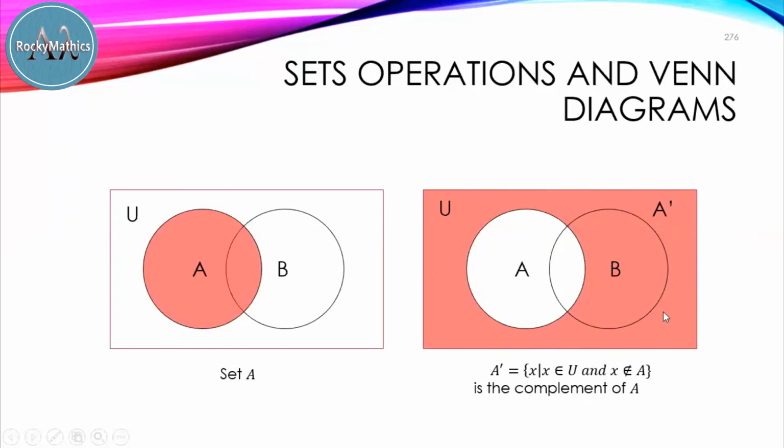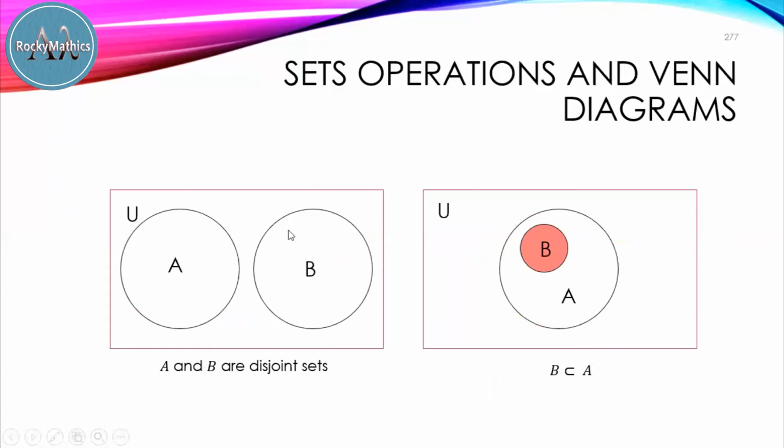So if I say B prime, what is B prime? B prime is a set consisting of all elements in the universal set, including here, but not in B.